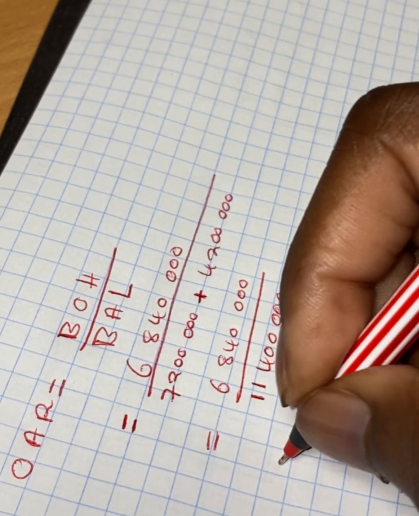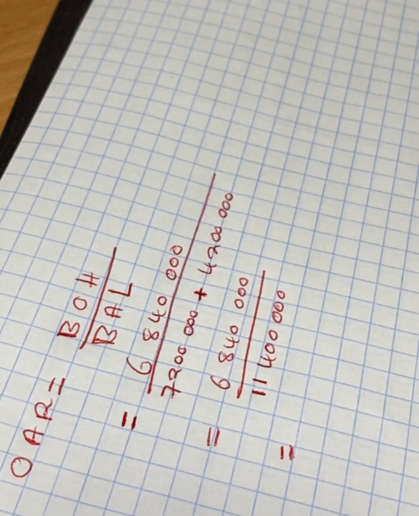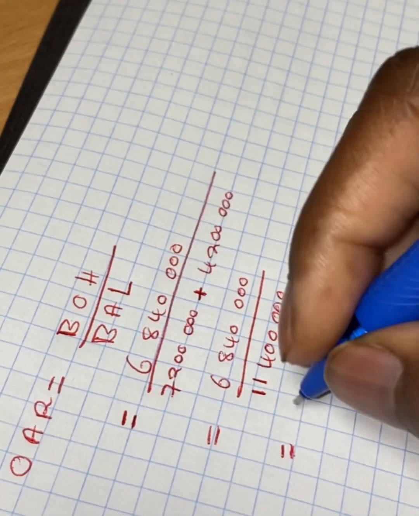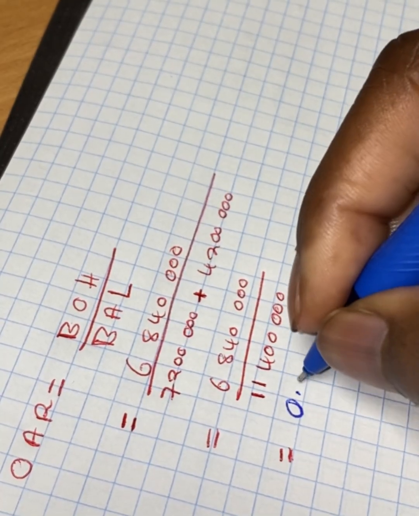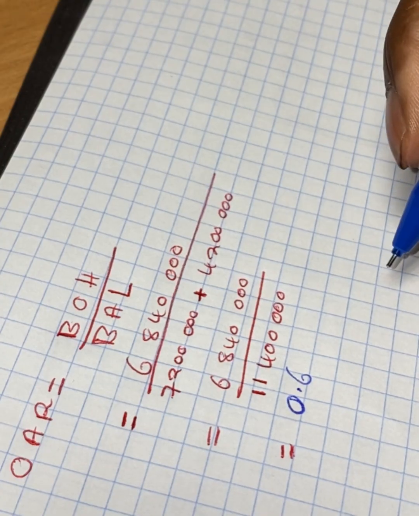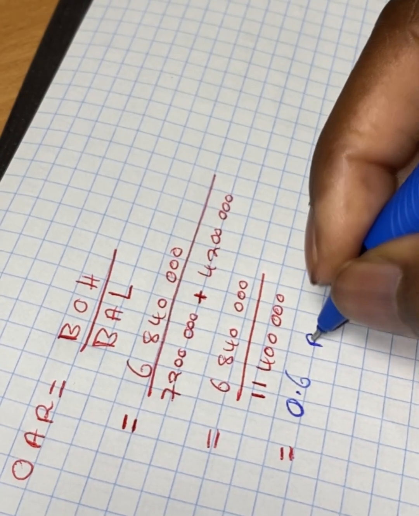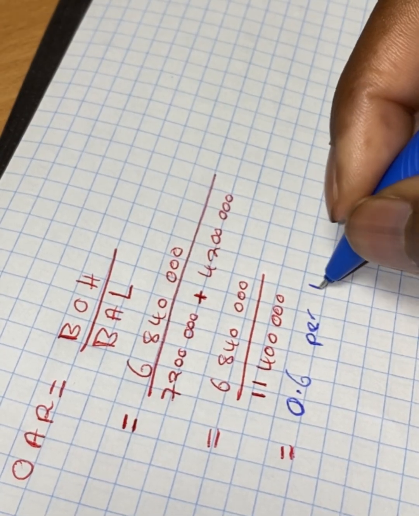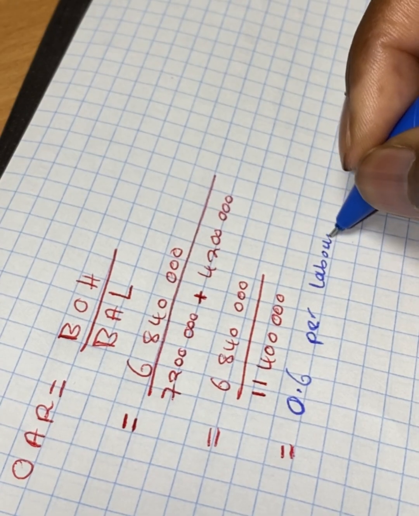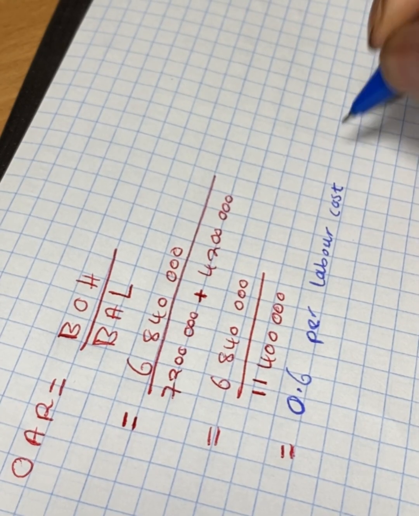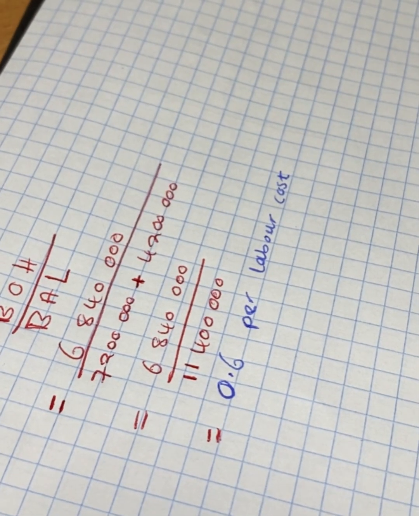When we divide, it's giving me 0.6. So this is our overhead absorption rate, 0.6 kwacha per labor cost, since that's the basis that we are using. That's how we find our overhead absorption rate.